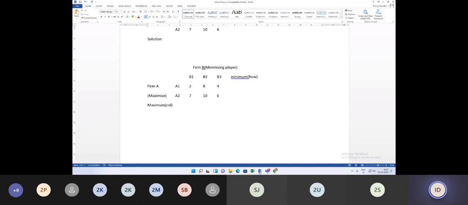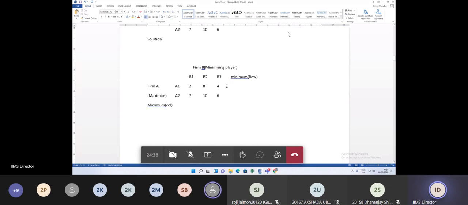Are you with me? Okay, now we have to find out the minimum from each row. From the first row, the minimum one is 2. From the second row, the minimum one is 6. Similarly, from the columns, find out the maximum.